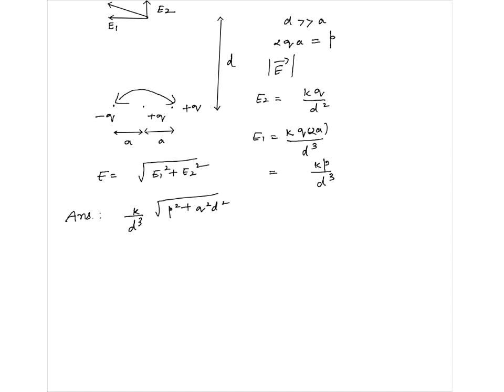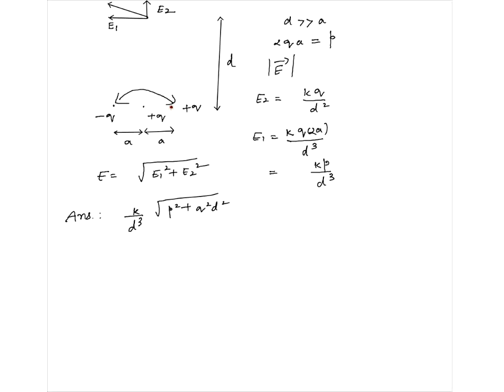Can you explain, sir, why aren't we considering the first and the third one as well as the first and the second? Can you repeat? Why are we not considering dipoles, first and the third, as well as the first and the second? If you consider first and the third, and first and second also, then aren't you considering minus q charge 2 times?